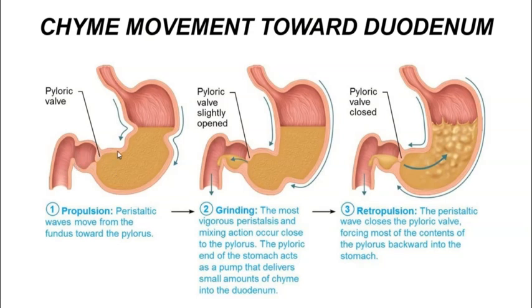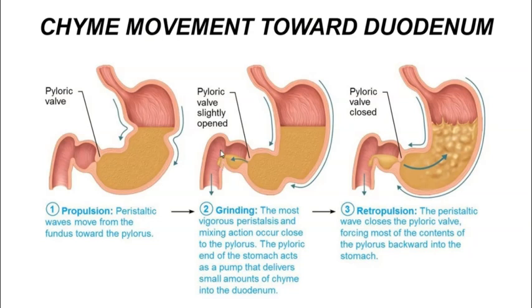And so what we see in the propulsive phase are peristaltic waves, that is, regular waves of contraction and relaxation, which push food from the fundus through the body of the stomach and to the pylorus on its way to the duodenum.